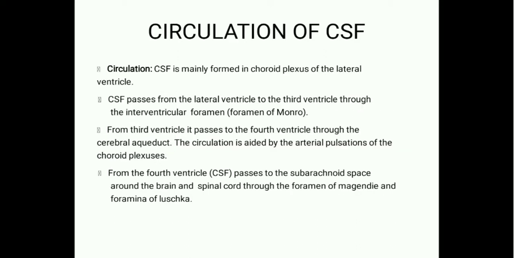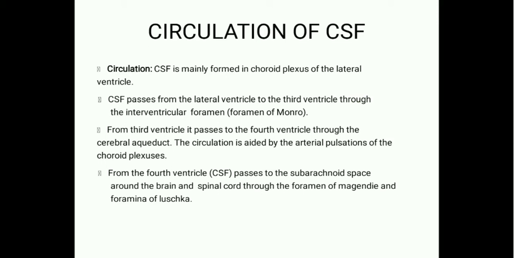Talking about the circulation of CSF, CSF is mainly formed in the choroid plexus of the lateral ventricle. CSF passes from the lateral ventricle to the third ventricle through the interventricular foramen of Monro. From the third ventricle, it passes to the fourth ventricle through the cerebral aqueduct.